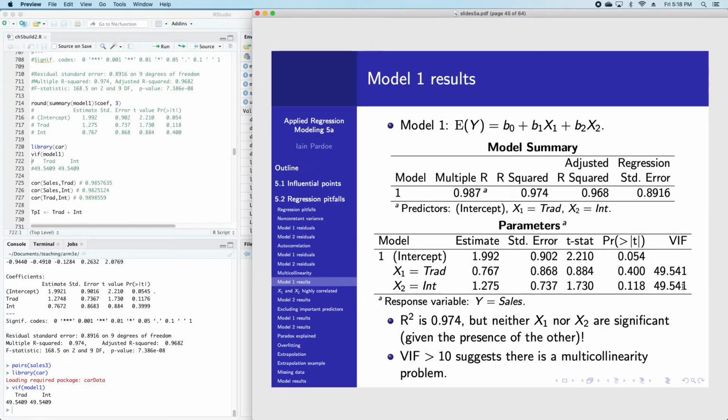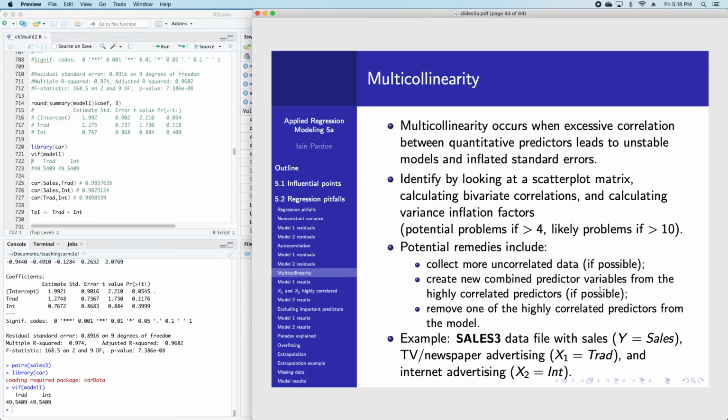So what to do? Well, in this case, if I think about my two predictors, they're both measuring different forms of advertising. So what if I just add the two together and come up with a new predictor that's going to measure the total advertising spending?